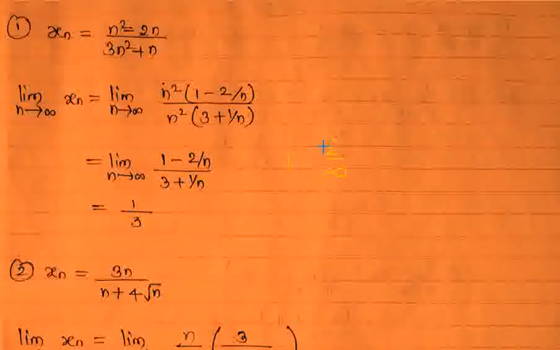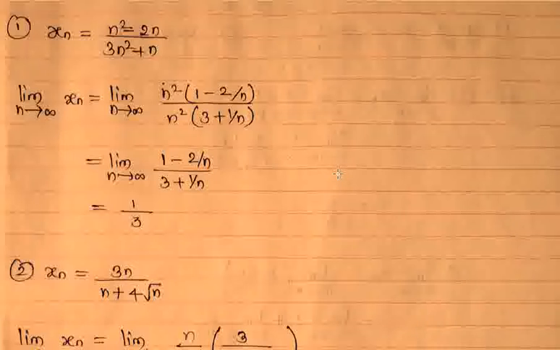So this thing can be approximated as 0. So therefore 1 minus 0 divided by 3 plus 0, which is 1 by 3.